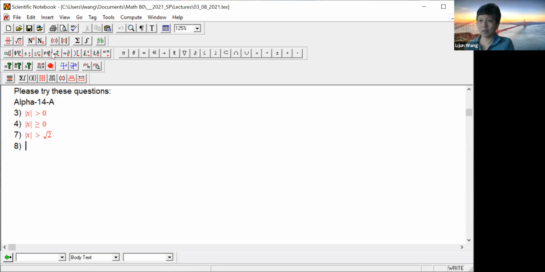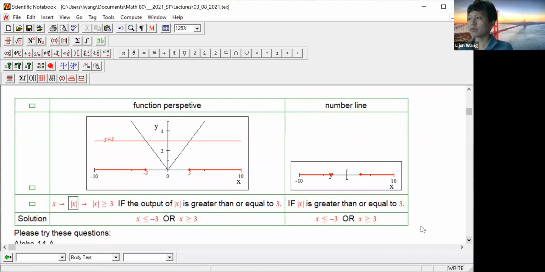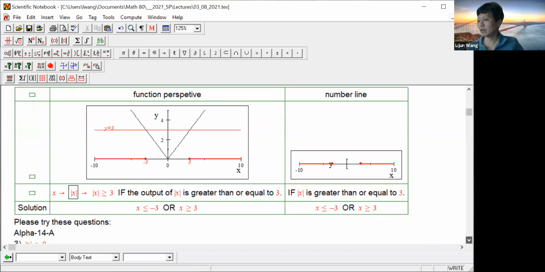And this other one is going to be greater than or equal to square root of 2. Okay, just look at these questions, and I hope you think about what we have done. Greater than case, greater than or equal to case, and solve these inequalities.